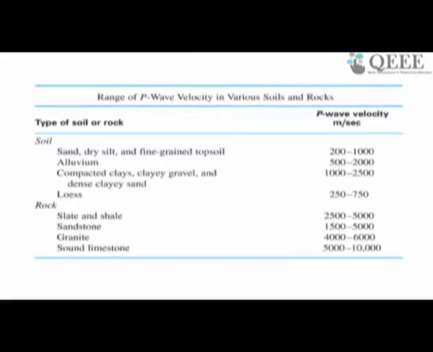Even in a particular rock, if there are different kinds of fractures, joints or disturbance, then we will have a different velocity. So even within a particular rock, you can characterize the ground based on these seismic wave velocities. For other materials I discussed, different materials have different seismic wave velocities.